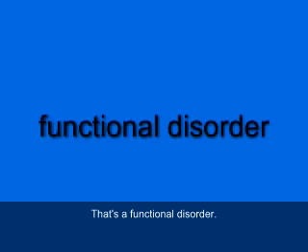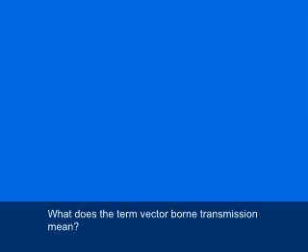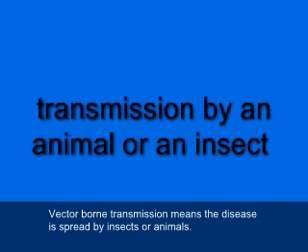That's a functional disorder. A functional disorder is a disorder of function, but there is no obvious organic or physical changes in the body. What does the term vector-borne transmission mean? Vector-borne transmission means that the disease is spread by insects or animals.